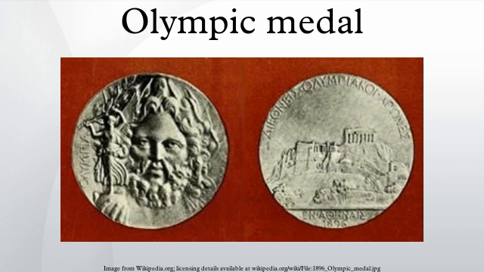Comparison between summer and winter. The IOC has the final decision on the specifications of each design for all Olympic medals, including the Summer Games, Winter Games, and Paralympic Games. There has been a greater variety of design for the Winter Games. Unlike with the Summer Games, the IOC never mandated one particular design.